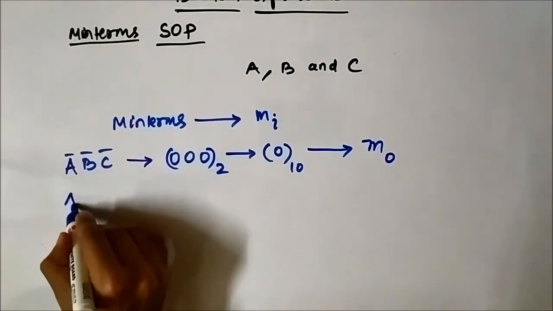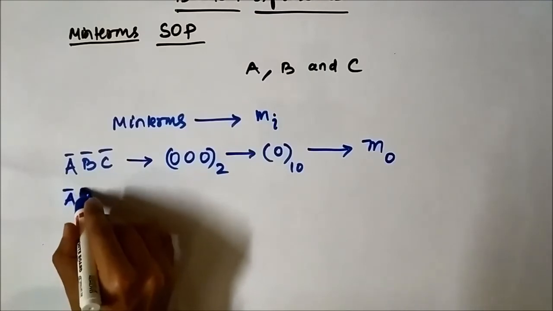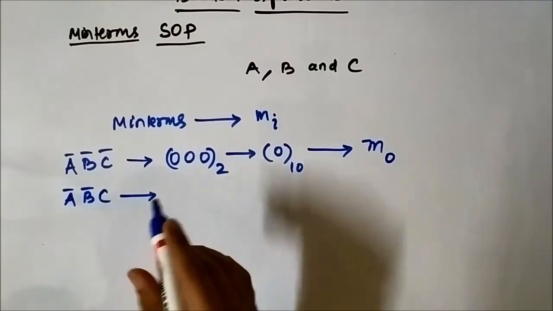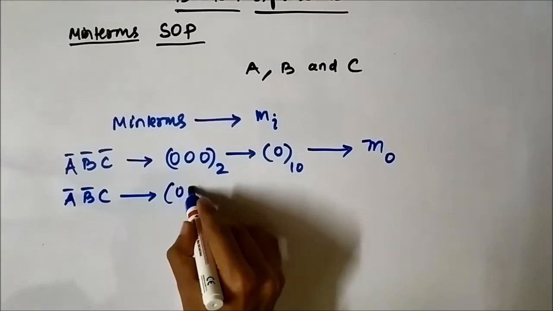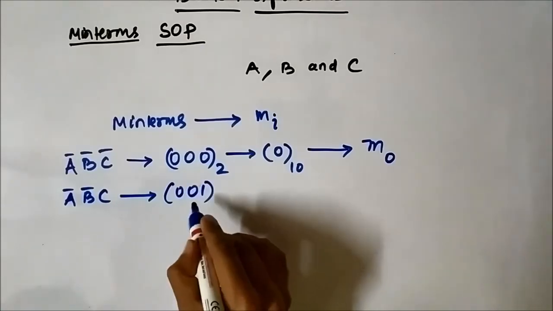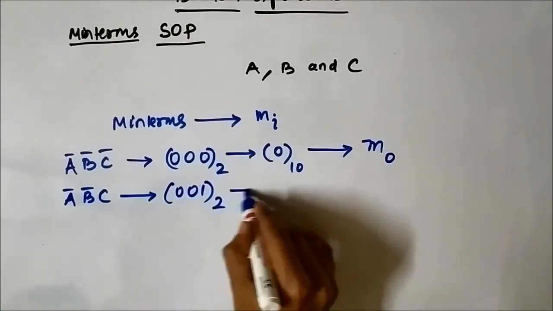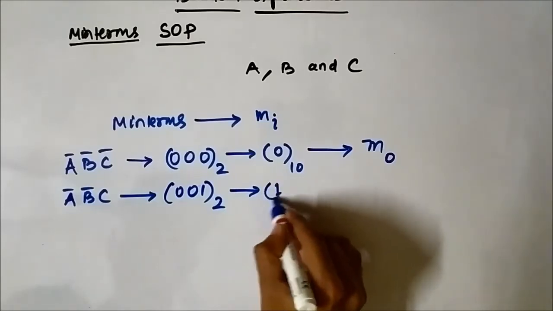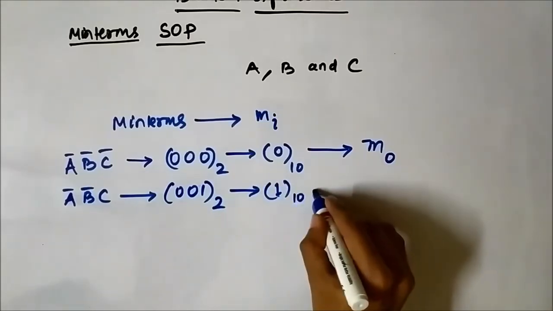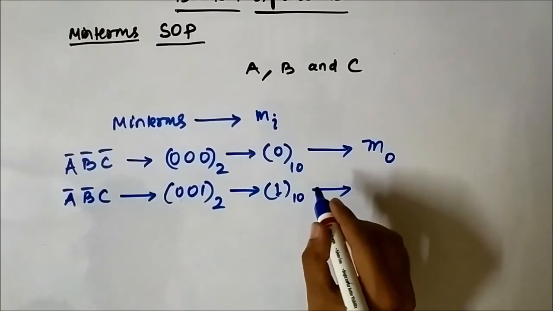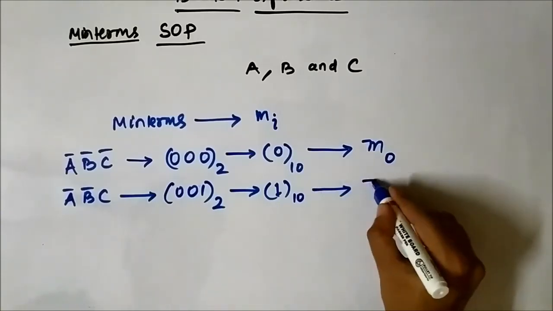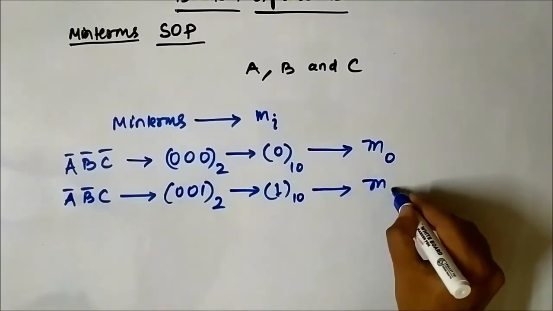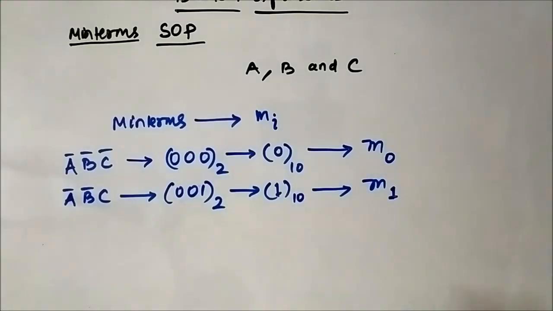Similarly, A bar, B bar, C is 0, 0, 1 in binary and it is 1 in decimal. So this will be small m subscript 1.